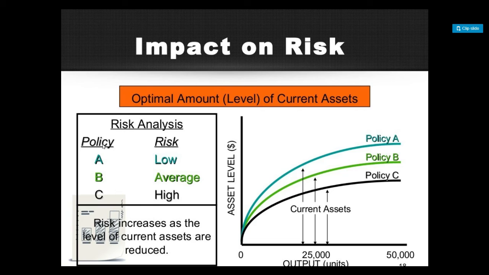Risk analysis: policy A has low risk. Why? Because it has high liquidity with high production units. B is average and C is high. Why is C high? Because the liquidity is low. It can give you a better return than B and A, or it could give you a lower return than B and A. So risk increases as the level of current assets is reduced, right?